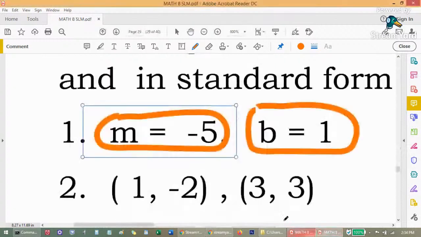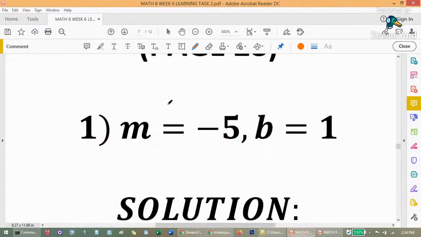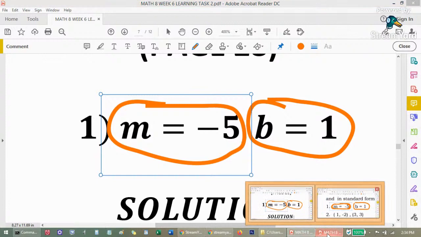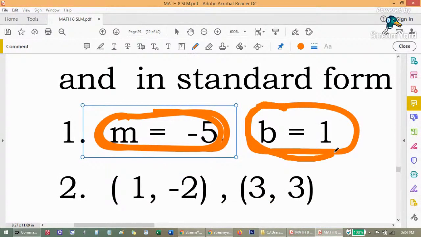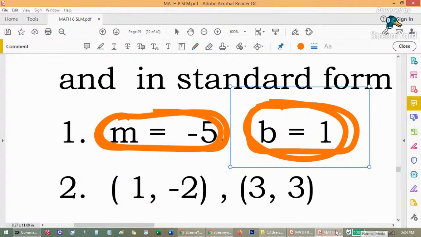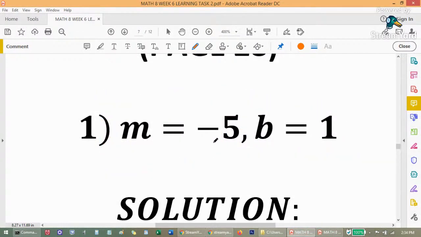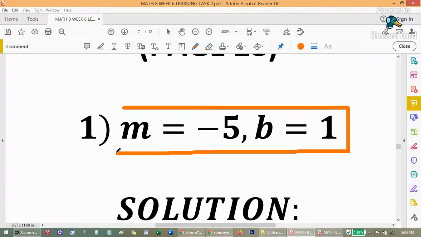So, kinopya ko lang, no? So, slope is negative 5, and the y-intercept is 1. Hanapin daw natin ang equation of the line. So, kailangan alam nyo kung ano sa 4 ang gagamitin dito.